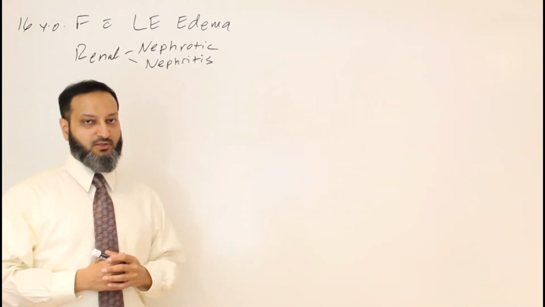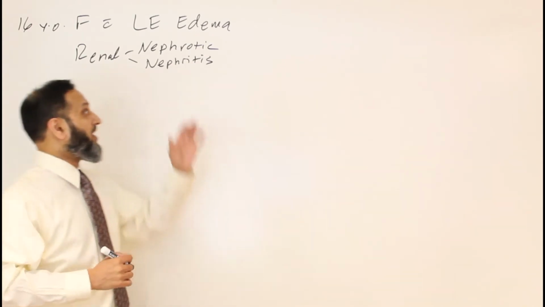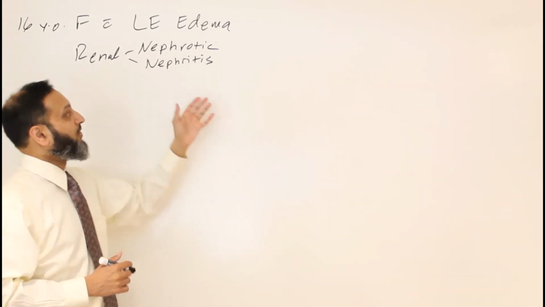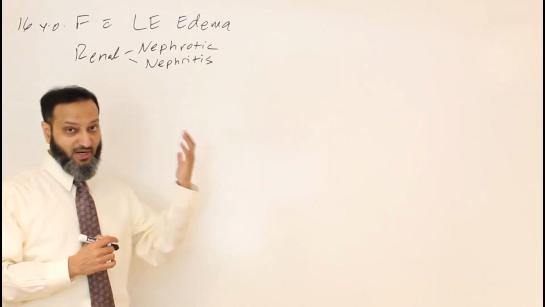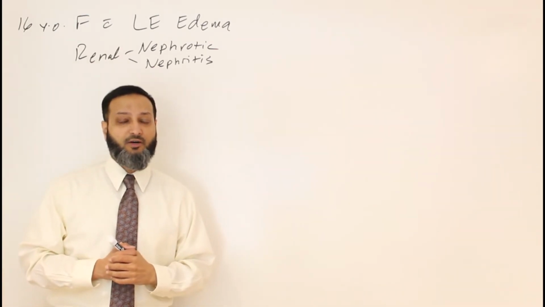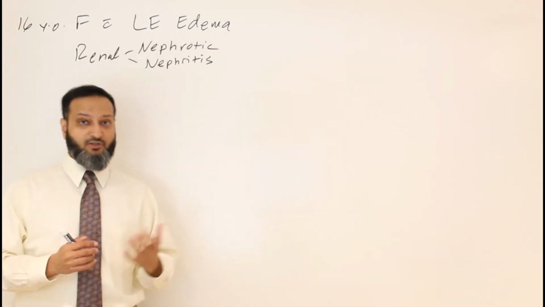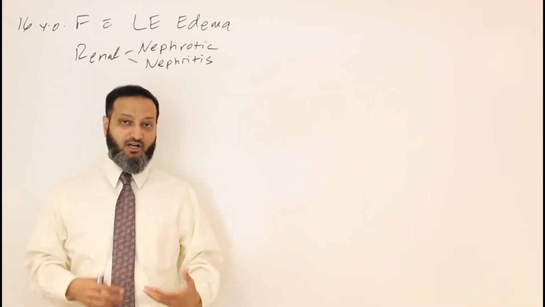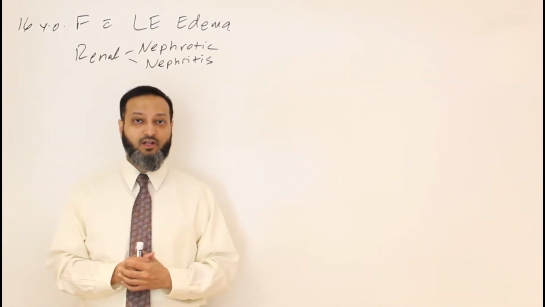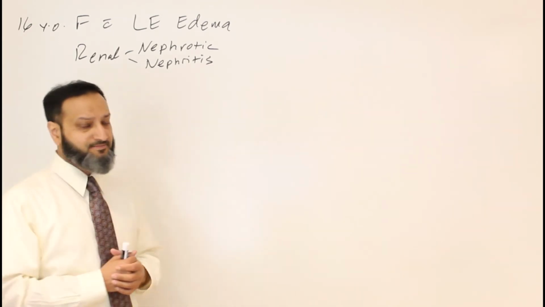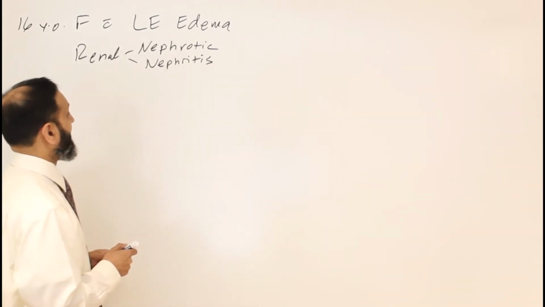You can look that up and read more about the different causes of nephrotic syndrome and nephritic type of processes. But suffice it to say, renal causes are a big consideration when you have lower leg edema and bilateral lower extremity swelling.